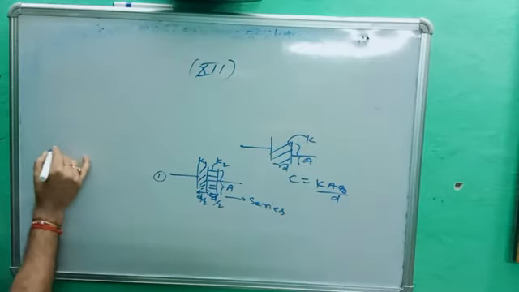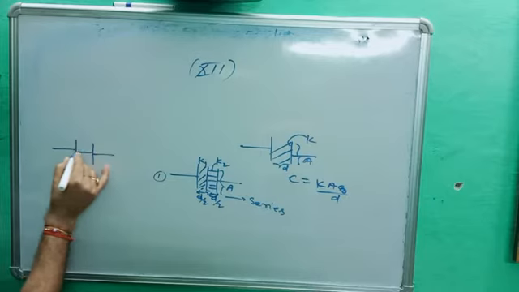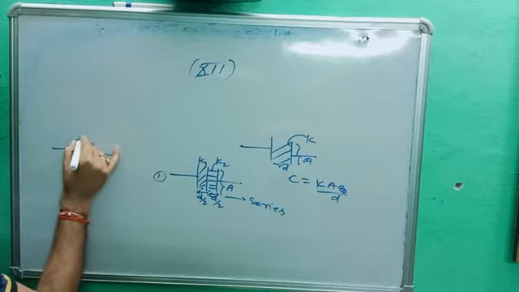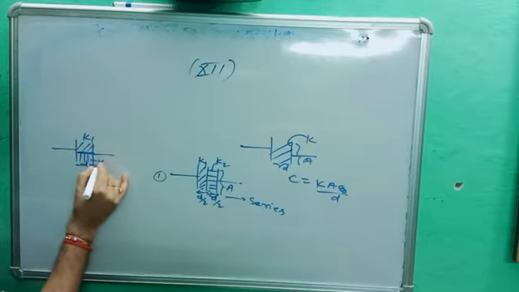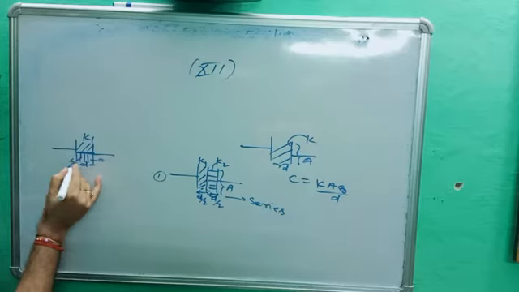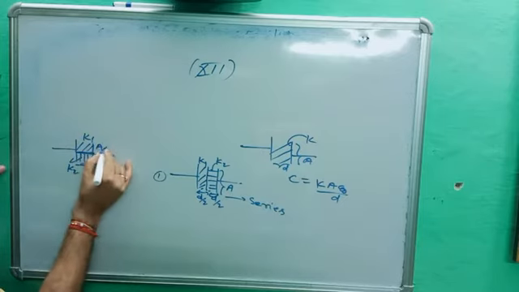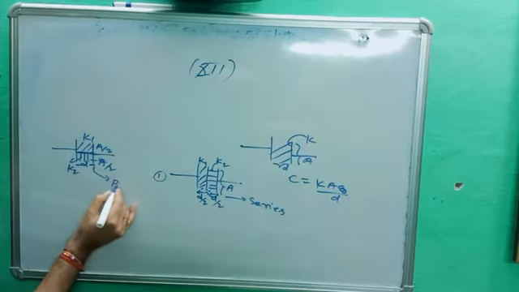Second one, if for that capacitor you are cutting like this, see there, the distance is d and you fill dielectric constant K1 here, and here the dielectric constant is K2. The distance remains the same but the area becomes A by 2 and A by 2. This is called parallel combination.